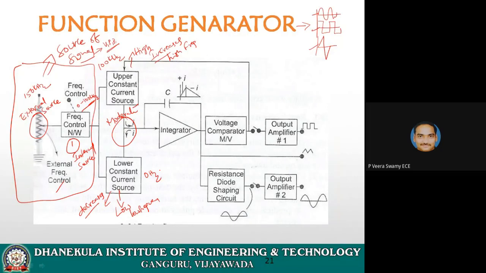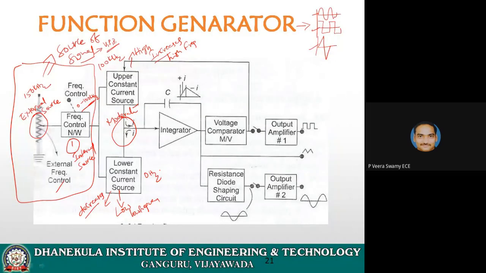These two current sources are used to keep the frequency constant. If you vary a particular frequency from 1 Hz to 1 kHz, the middle frequency is 500 Hz.